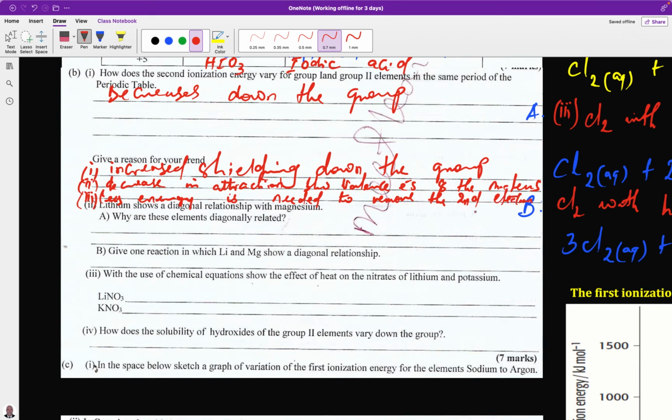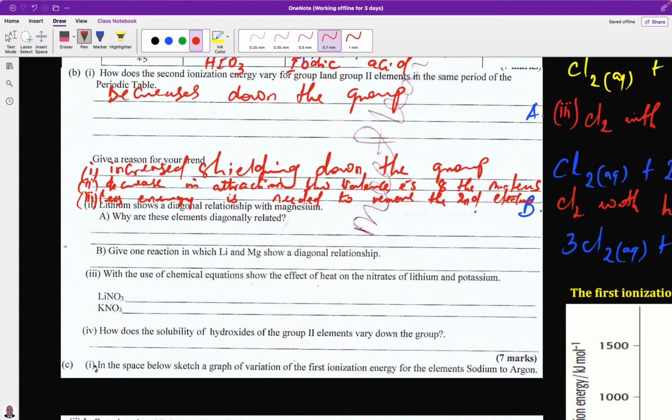So we now say the second ionization energy for group 1 and group 2 decreases down the group. That's the general trend. Our reason for the trend is that as you go down the group, there's increased shielding.